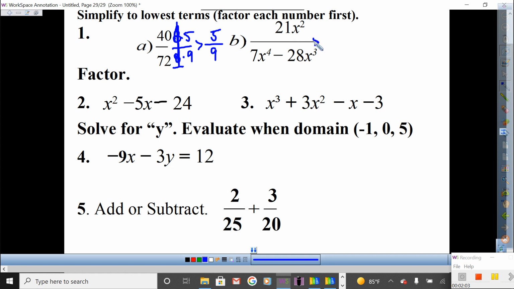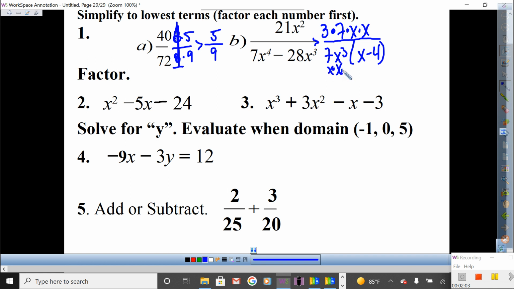How about Mr. Q? All right. 21 becomes 3 times 7 times x times x. What's the GCF for these two? 7. What else? X to the third, and that leaves us with x minus 4. Now, since I have the x's factored out over here, I'm going to factor these out as well.